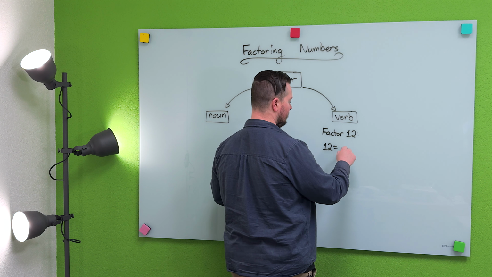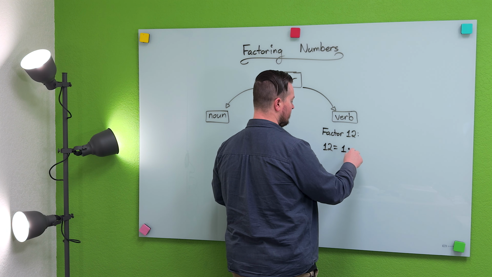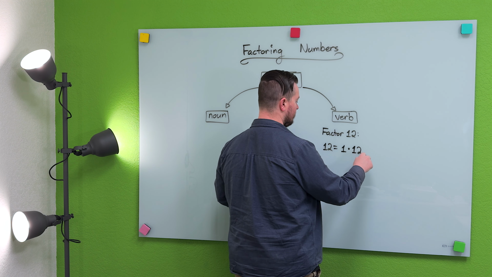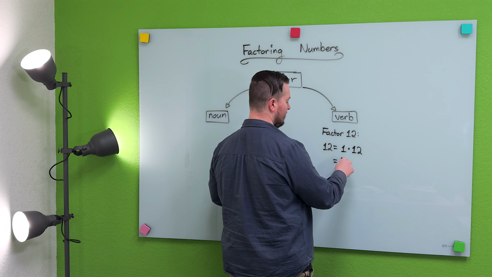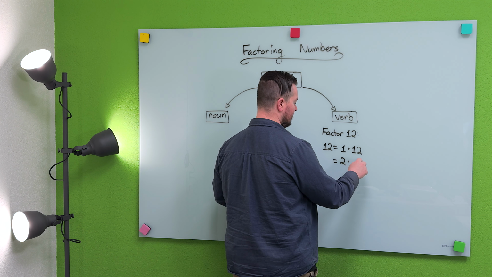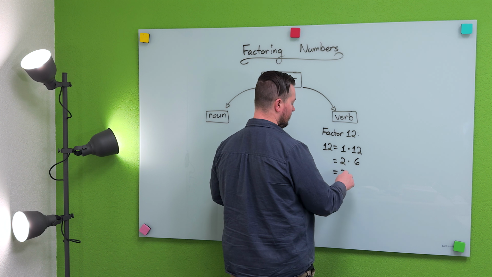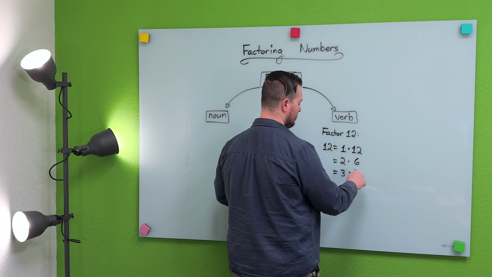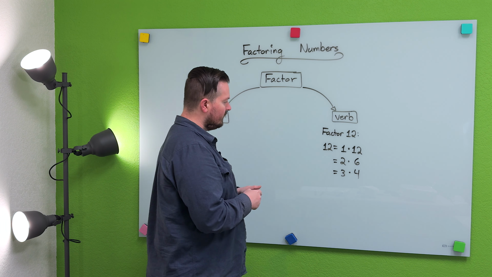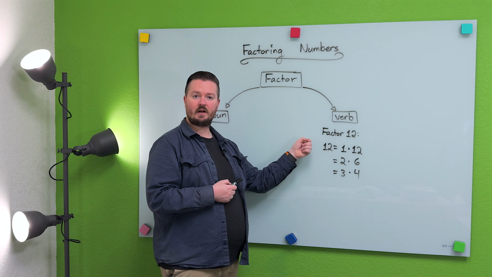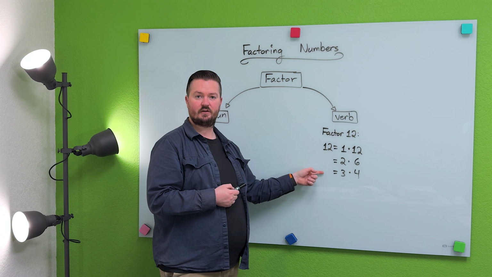So for example, 12 is the same as 1 times 12, but 12 is also the same as 2 times 6 and 3 times 4. So if I told you to factor 12, all of these are potential answers.